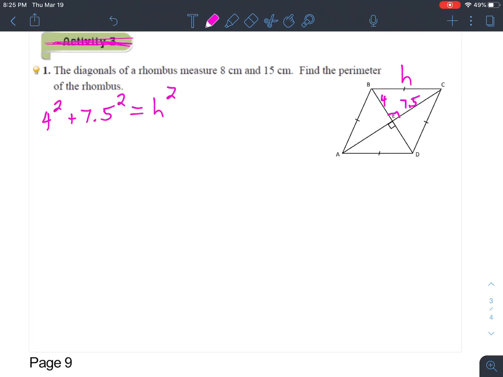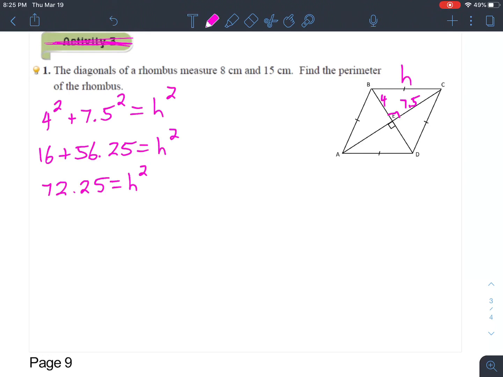So we're going to get 4 squared plus 7.5 squared is equal to h squared. And I don't know 7.5 squared, so 56.25. When we add those together, we get 72.25, and so the square root of that is going to be the value of the one side length.